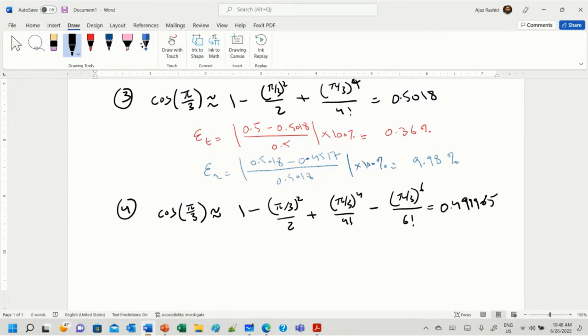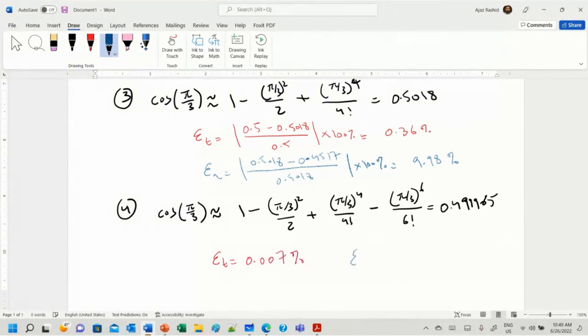So that's the value. We can find the true error. Of course, that's going to be the difference between this and the true value. So it's 0.007%.